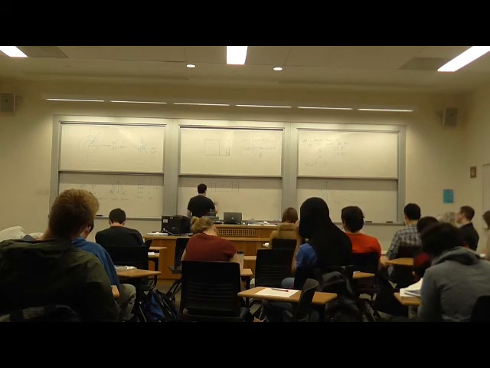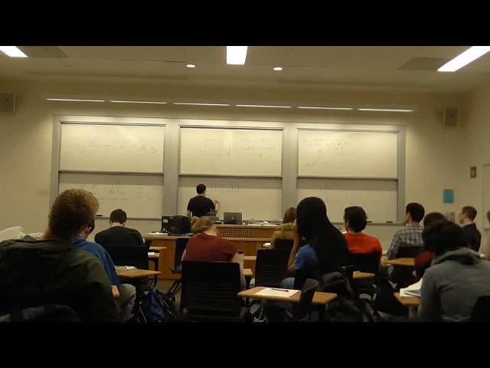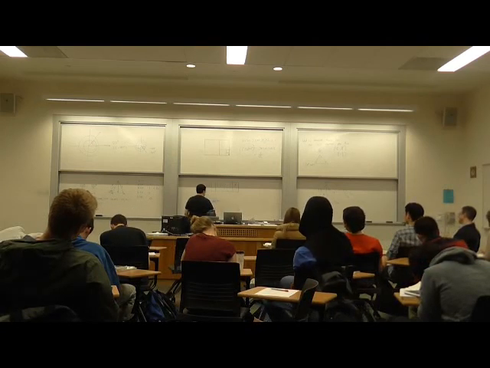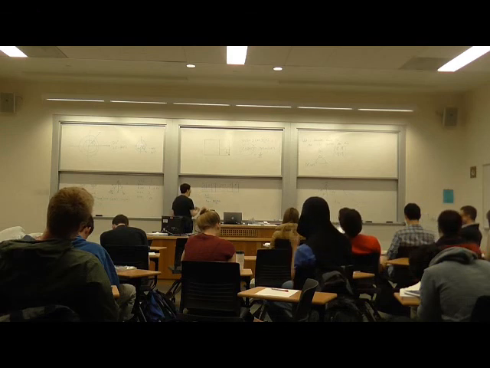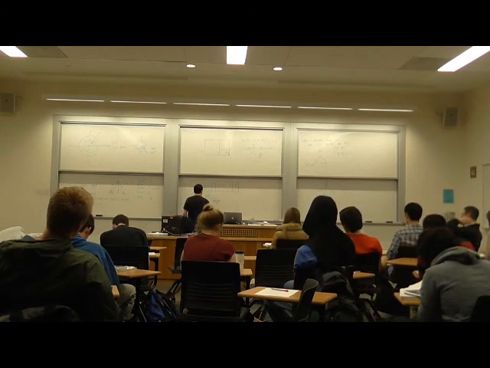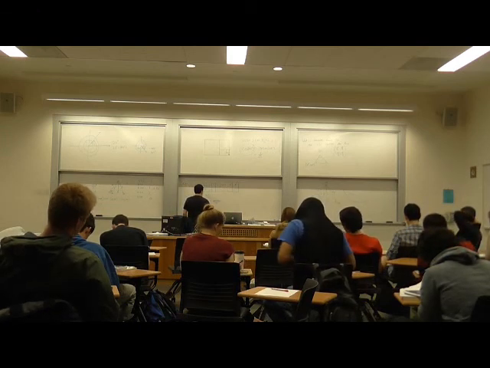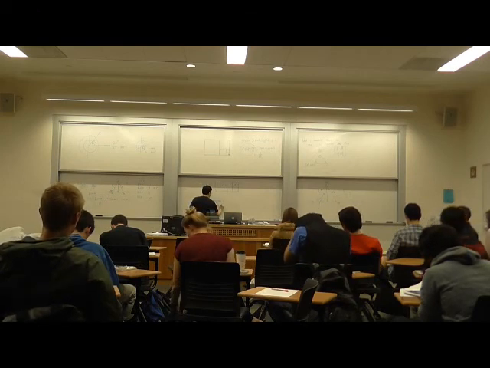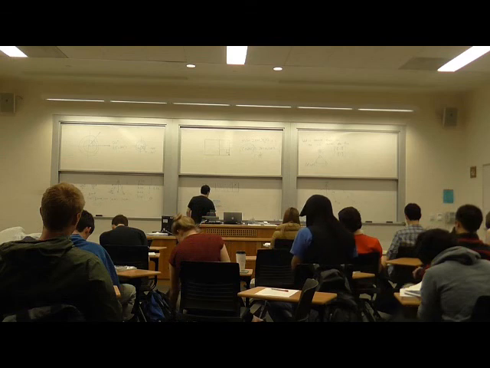So you get the max and min, and then the amplitude is what? Max minus min over 2. And the midline is just the average, so that's max plus min over 2, right?